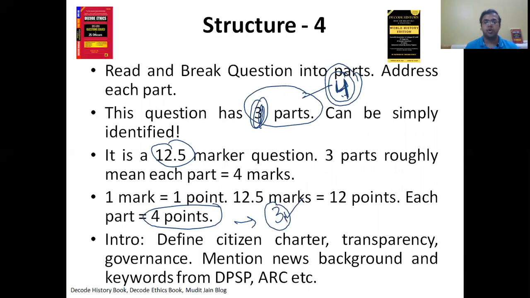So one less point means a lot, because it might happen that you have only two quality points, and earlier you were making 2 points for the sake of it. Now you have to only make up 1 point. So break the question, learn the art. Gradually you will. You can always revisit these videos again and again, and I am sure you will be able to break it into subparts.